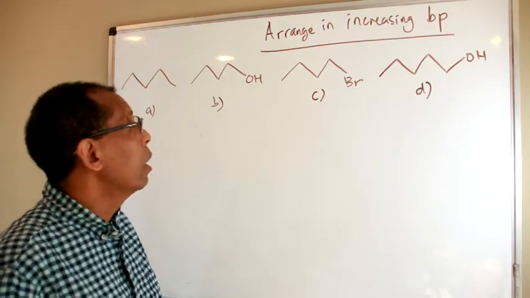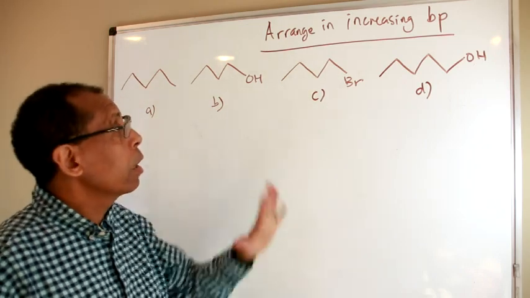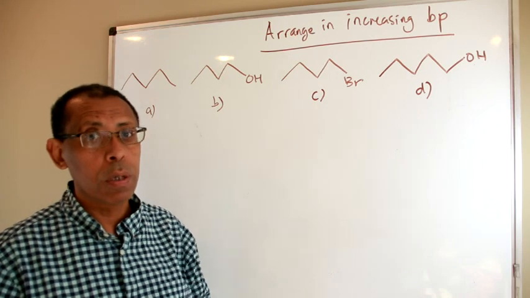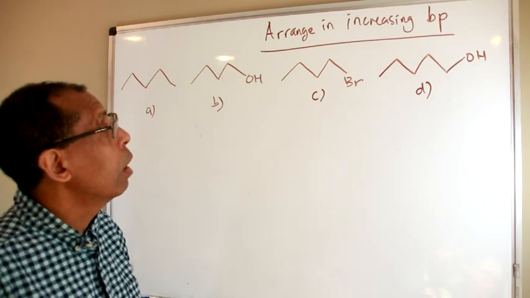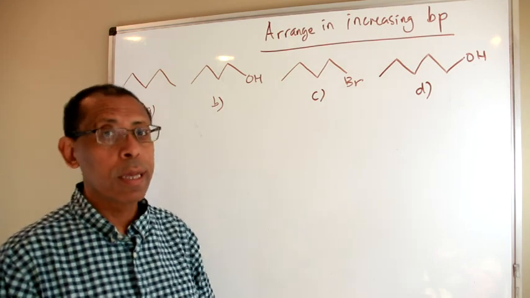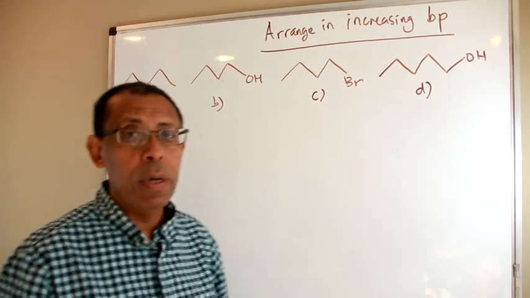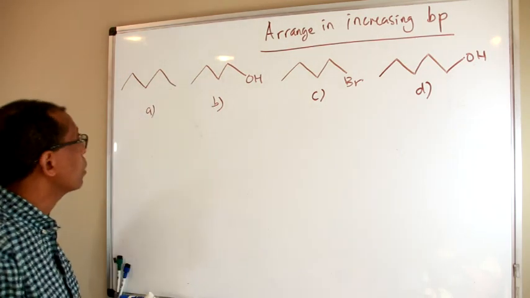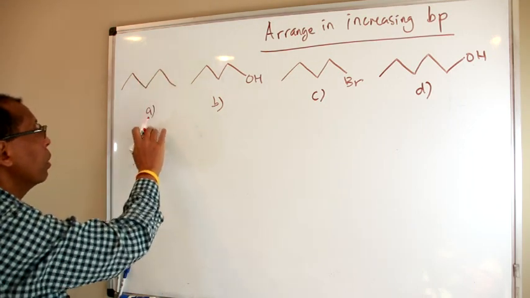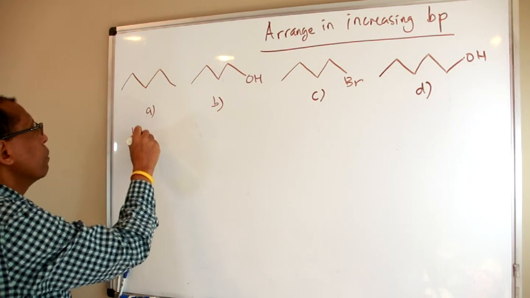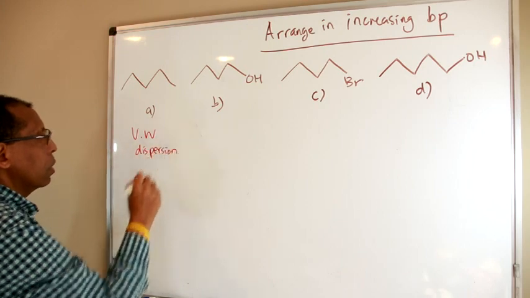Here we have four compounds to compare their boiling points and arrange them according to increasing order of their boiling point. As you know, boiling point depends on the intermolecular forces that exist within the molecule. Here, first let's identify what kind of intermolecular force exists. The intermolecular force mainly for compound A is van der Waals forces or dispersion, which is the weakest intermolecular force.